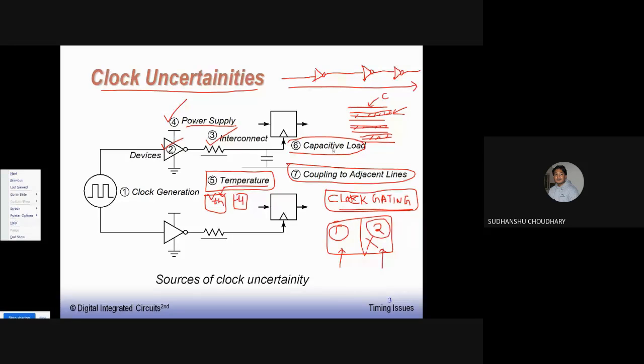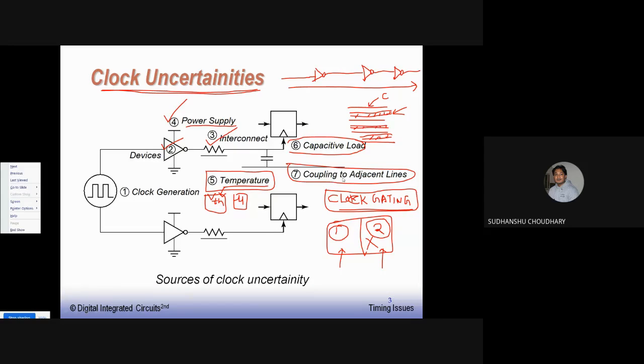So obviously when clock loads are different, the clock line, that is the line which is feeding the clock, will have a different delay because of the extra capacitive load present on the clock. So two different clock lines which were assumed to have the same delay may have different delays because of different capacitive loads at the output. Because of that also you will see clock uncertainty, that is skew, will be there.